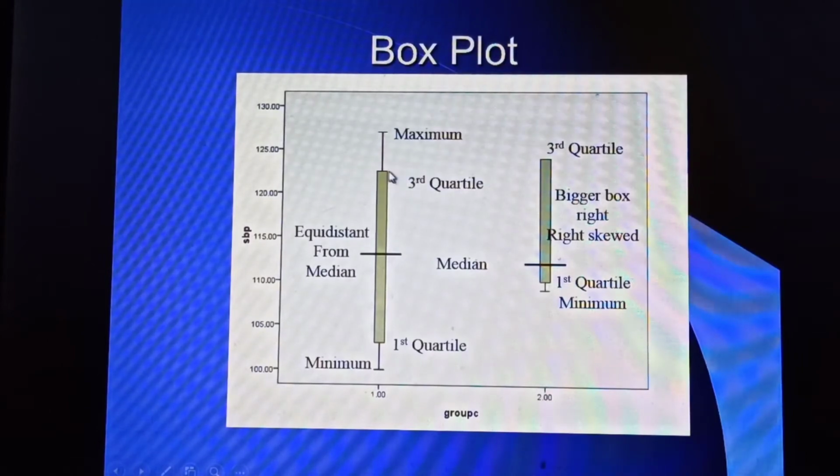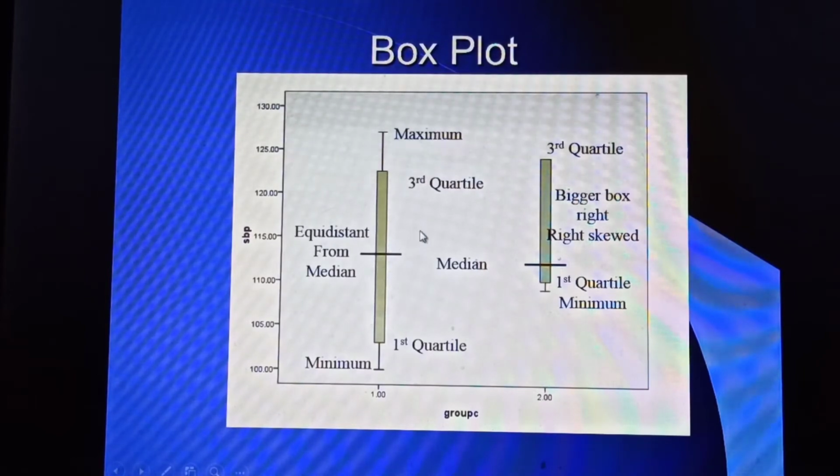In the box plot, the box indicates the first quartile to the third quartile, and these extensions are the minimum and maximum. The in-between line is called the median. If we look at the location of the median, it is exactly in the middle of the box.